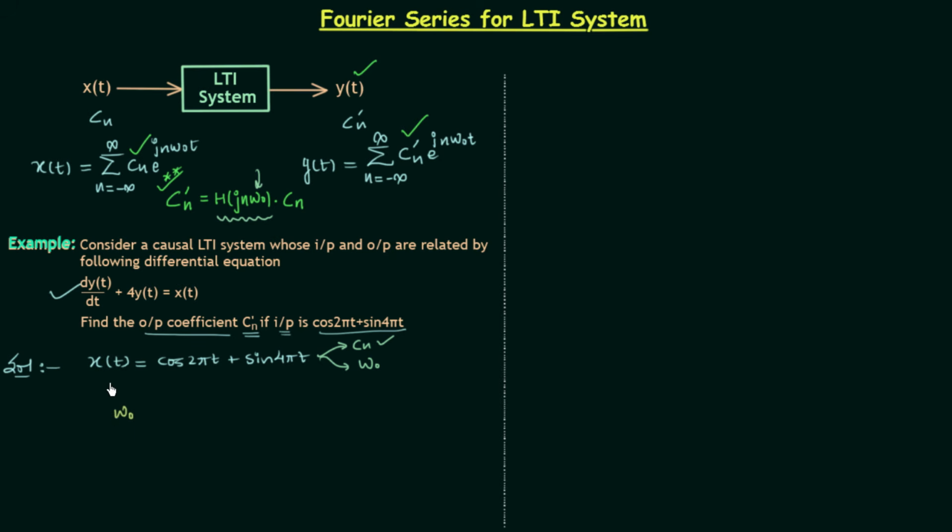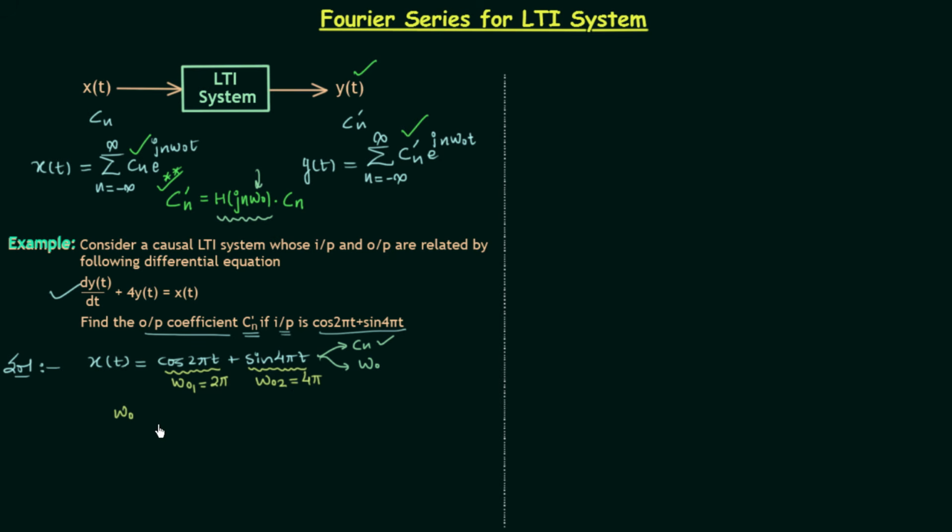You can see signal x(t) is the combination of two signals. The first signal is cos 2 pi t and the second signal is sin 4 pi t. Cos 2 pi t is a periodic signal whose angular frequency is equal to 2 pi. Sin 4 pi t is also a periodic signal whose angular frequency is equal to 4 pi.